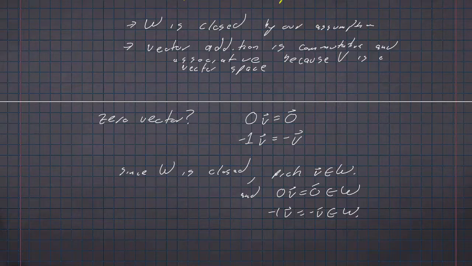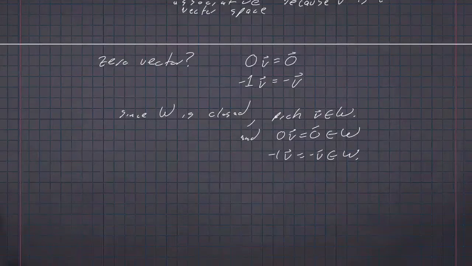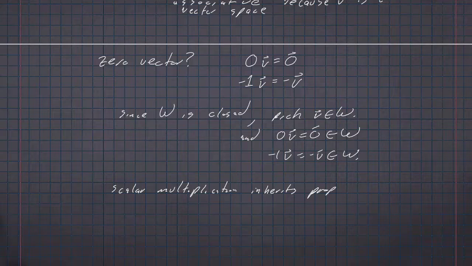Once again, those are all things that we're going to inherit from the vector space V. Right, because V is a vector space and the scalar multiplication is defined the same, K times (U plus V) must be KU plus KV. Whether those vectors came out of W or not, W is a subset of V, so those vectors still came out of V.